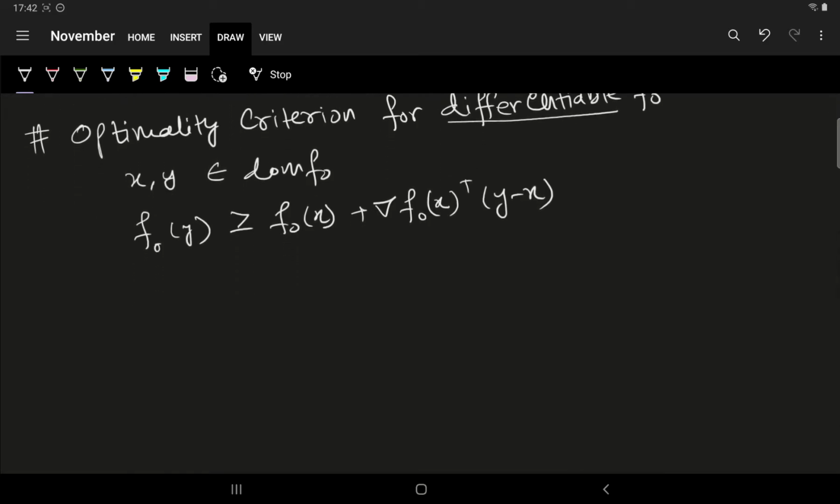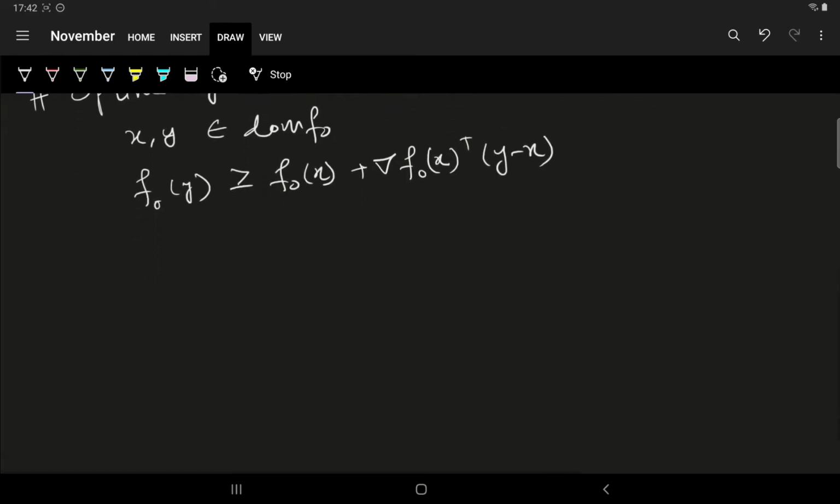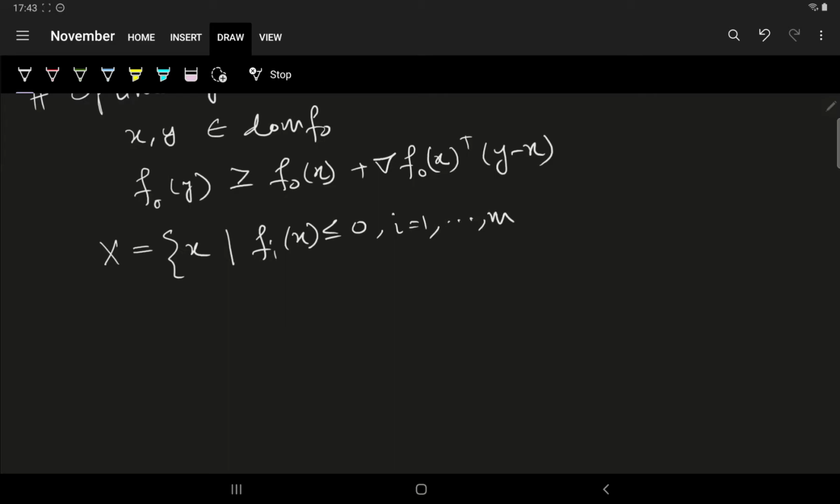This is from f naught being convex. We denote by capital X the feasible set, that is x such that all the f_i's are less than or equal to 0 for i equal to 1 to m, and h_i's equal to 0 for i equal to 1 to p.